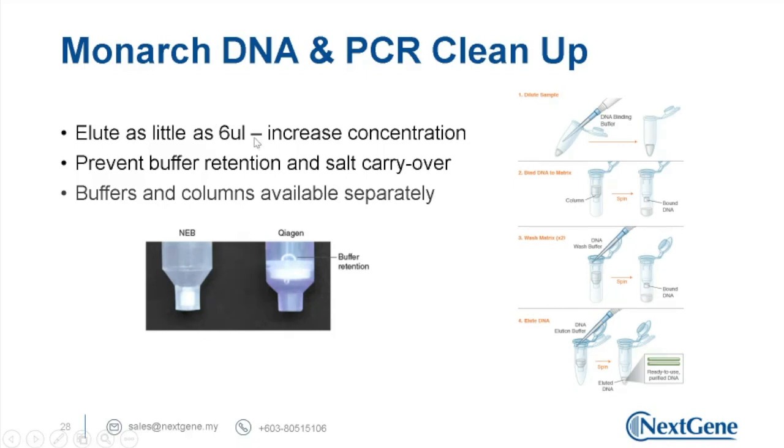Of course, the concentration of the 10 microliter one will be higher. When you elute with more elution buffer or water, the concentration of the product will drop. So one of the tricks here is to see whether the kit can handle a low elution volume. If it can, then this is the easy way.